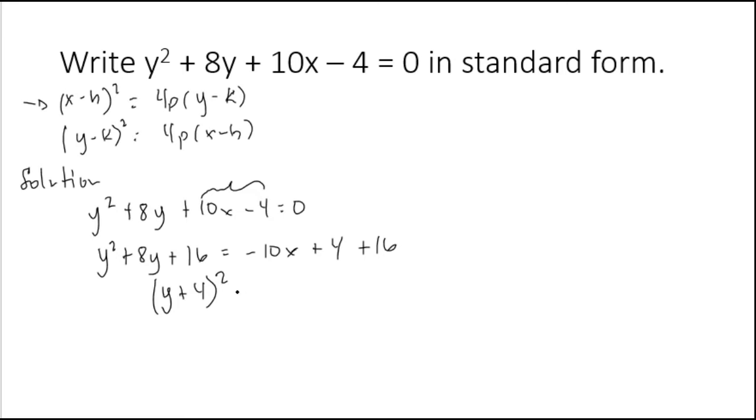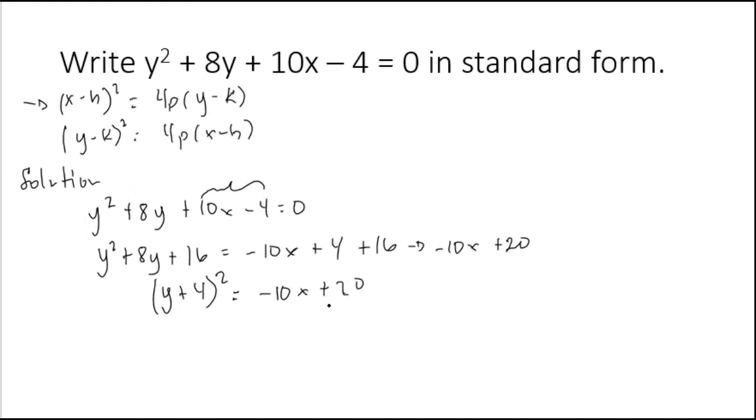For our right-hand side, let's simplify it first. This will become negative 10x plus 20. So let's write it: negative 10x plus 20.